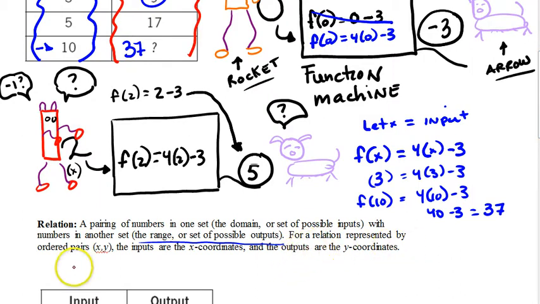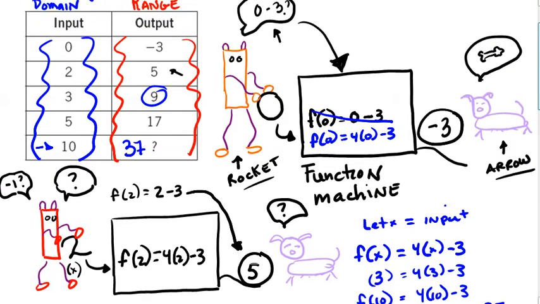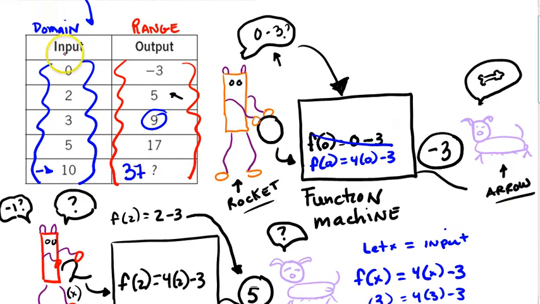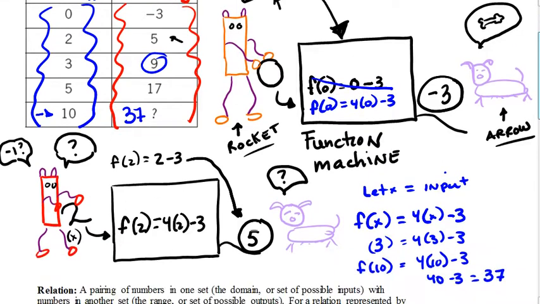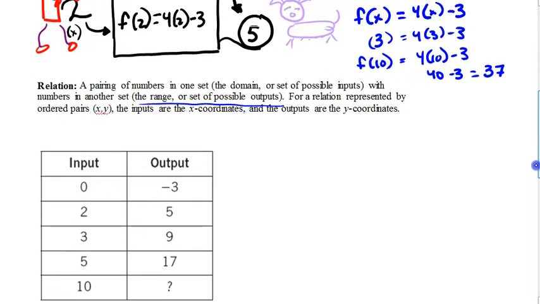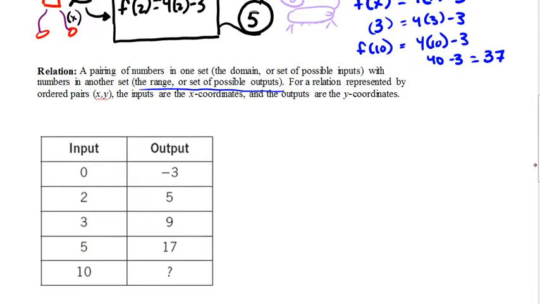For a relation represented by ordered pairs x, y, the inputs are the x-coordinates and the outputs are the y-coordinates. So this is another way to look at each of our columns. Our input column can be labeled x, and our output column or range can be labeled y. So that means that we can take our table here and we can write our data a couple of different ways.